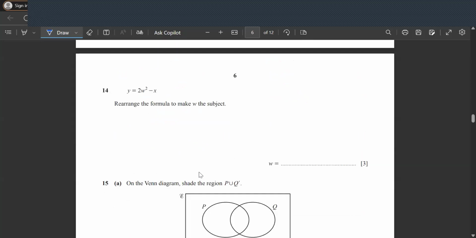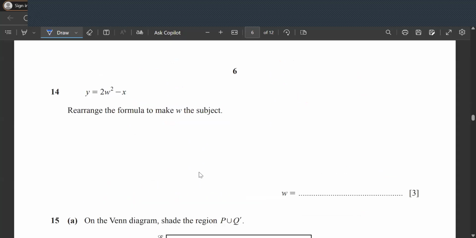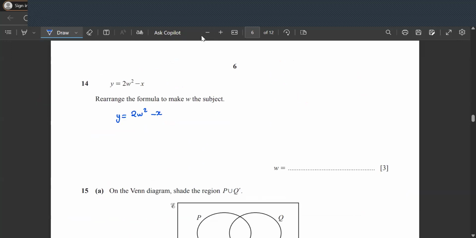Okay, who was asking about making the subject? Jose, I think. Okay, so we here have y equal 2w square minus x. What should I do here? I want w to be the subject. So I am going to keep this term, all of it first, alone.